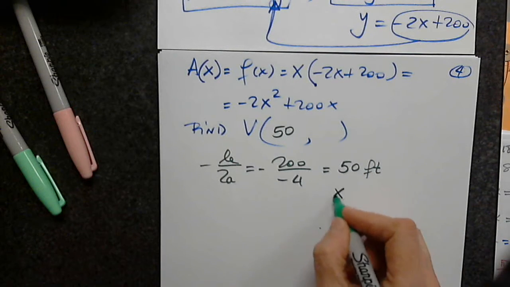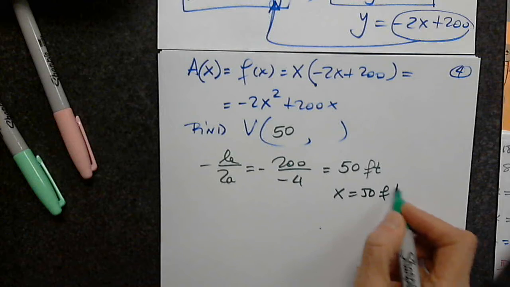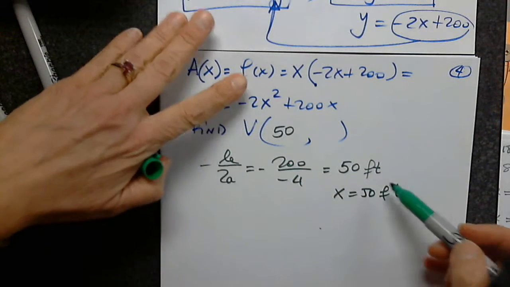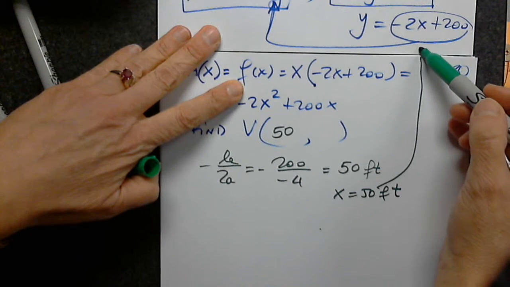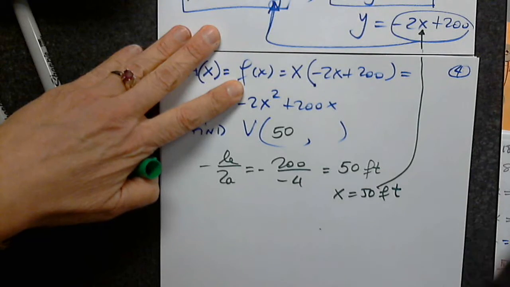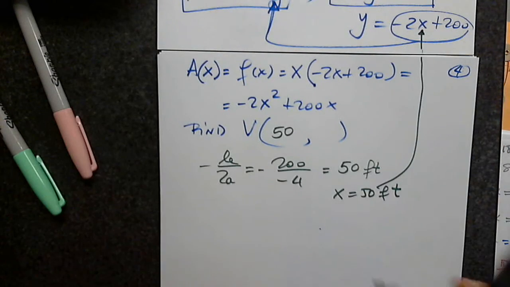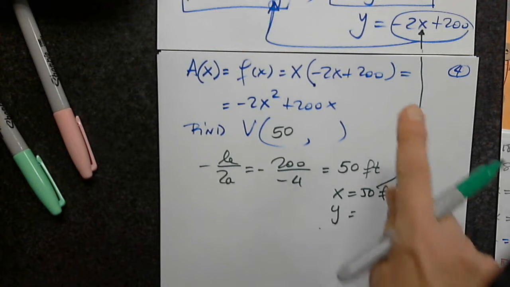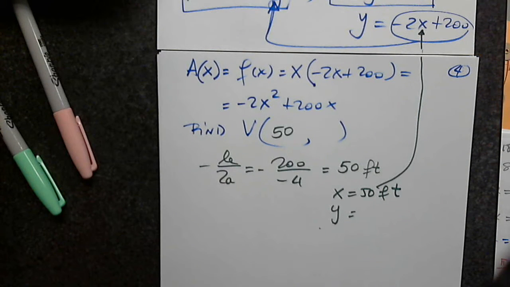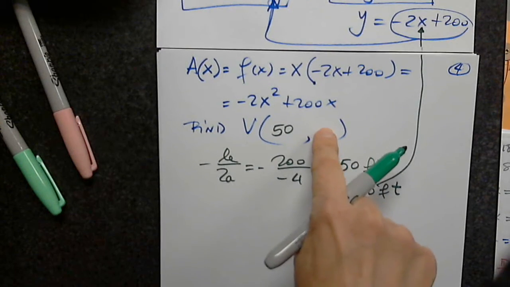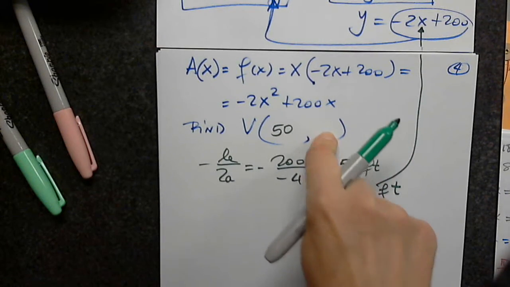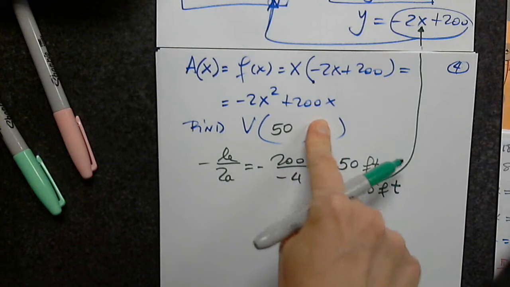So this is the x. How do I get the y? So how much is the y? But this time the y is not the maximum. This is the y which is the length in the problem. This is a different y. What will this be? 50.